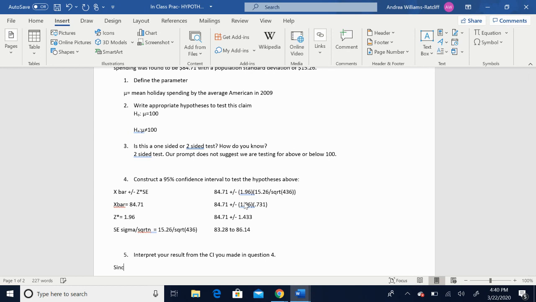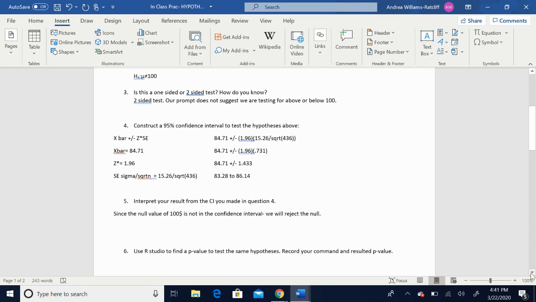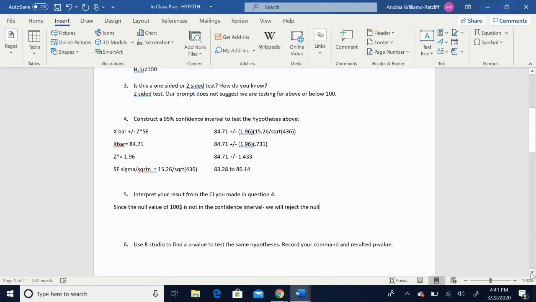So since the null value of $100 is not in the confidence interval, we will reject the null. We know by looking at this that we're going to reject the null, in favor of the alternative hypothesis.